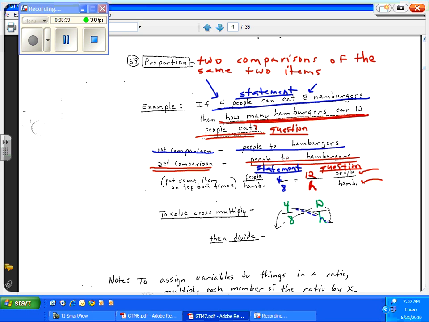So H times 4 is 4H, equal to 8 times 12, which is 96. We call this the product of the means as we go to the left and the product of the extremes as you go to the right. Now we're going to undo multiplication by division, and we would get H is equal to 24.